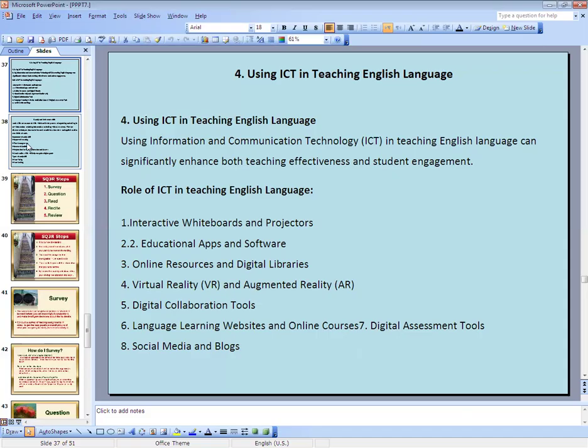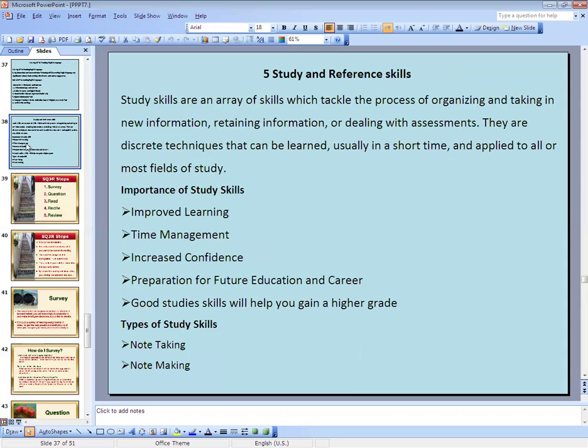Digital collaboration tools which we use. Language learning websites are there for online courses. Digital assessment tools are also there. Even we have social media and blogs. These are also being used in ICT for teaching English language.